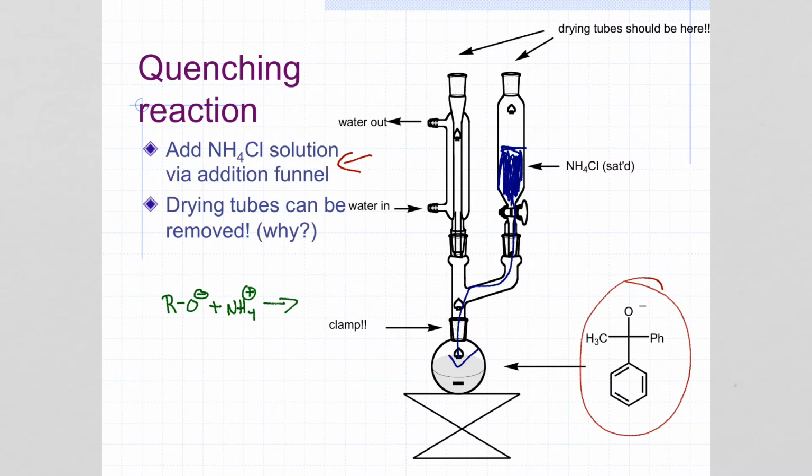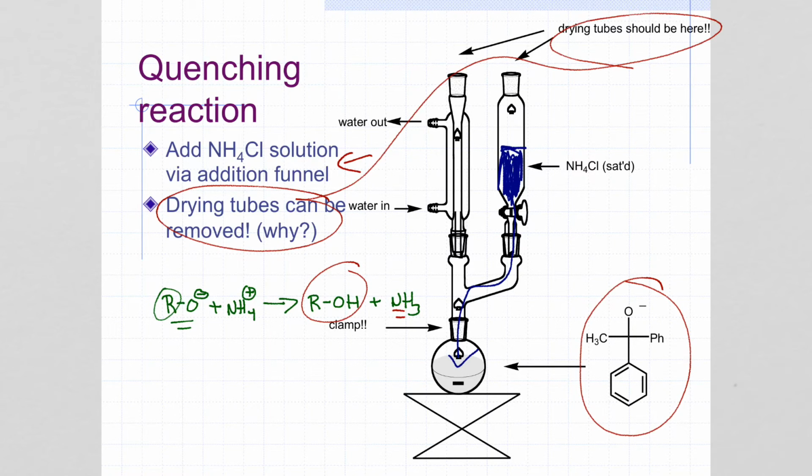It's going to react with the alkoxide, where R is all those aromatic rings and stuff, and give us the alcohol plus ammonia. And the drying tubes that were up here, since we're adding an aqueous solution of ammonium chloride, we're quenching the reaction, so we don't need to worry about keeping it dry anymore.